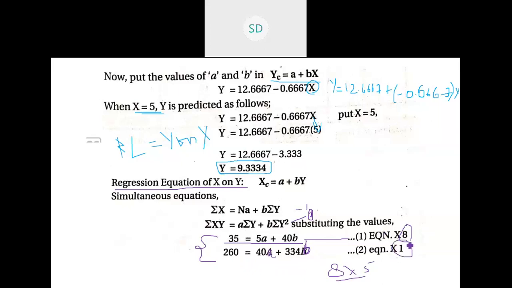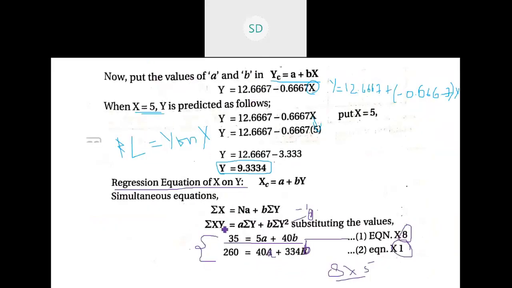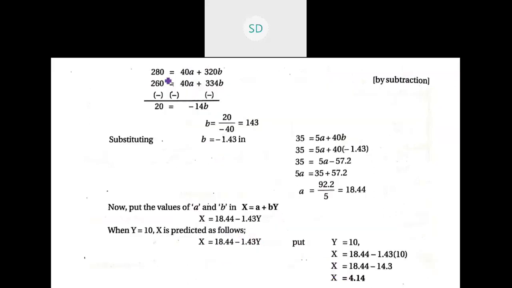Okay, so going on further, my new equations will be 280. How did I get 280? 35 into 8. Okay, 35 into 8 will give me 280 is equal to 40a plus 320b. Then again 260 is equal to 40a plus 334b. Now I'm supposed to subtract these two equations if I have to solve them simultaneously.